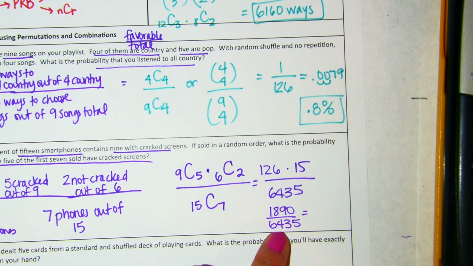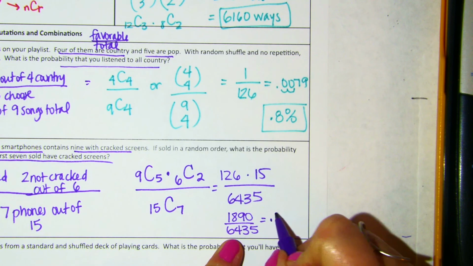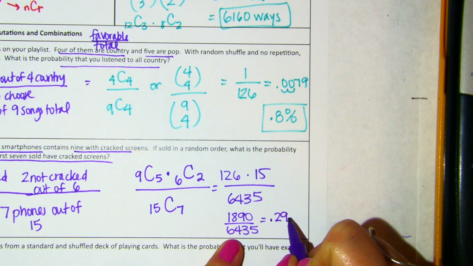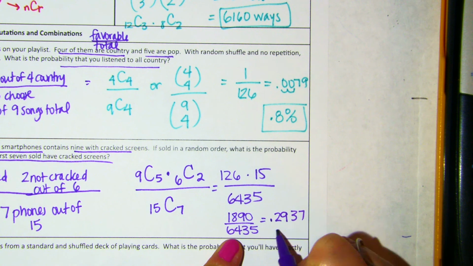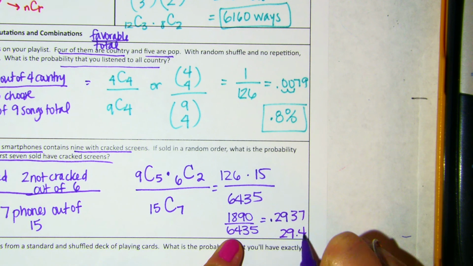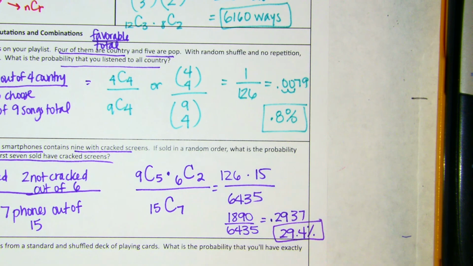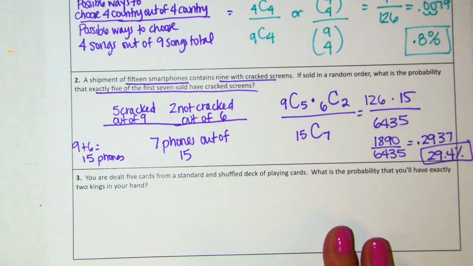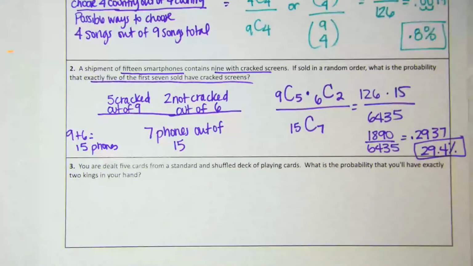And like I said, we like decimals so that we can then make them into percents. So this is going to give me 0.2937, which is basically 29.4%. All right, go ahead and pause the video and try this last one to make sure you understand, and then start it up again so you can see.